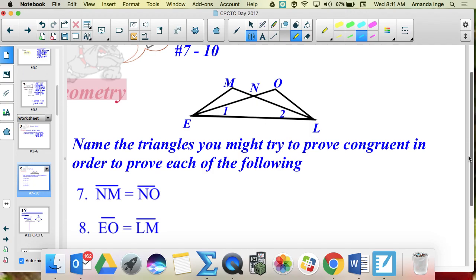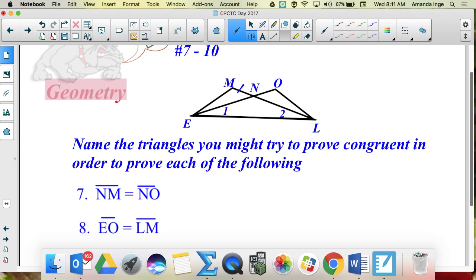But we want to say that NM is congruent to NO. So the triangles we would be looking at would be triangle MNE and triangle ONL.